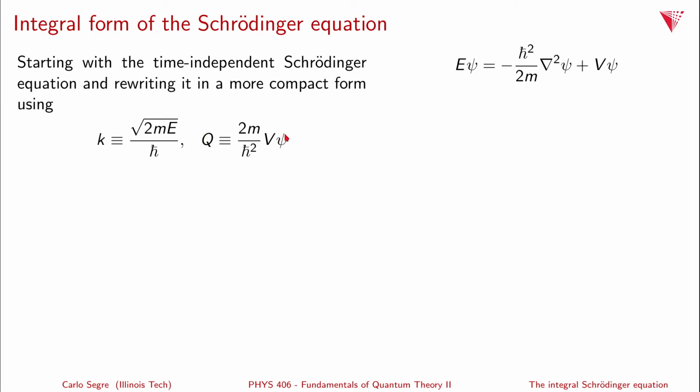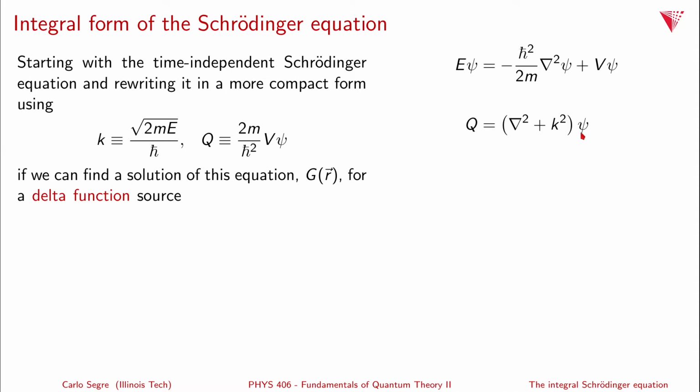So Q contains the wave function times the potential. If we divide by h bar squared over 2m, we get Q equals del squared plus k squared, all applied to psi.